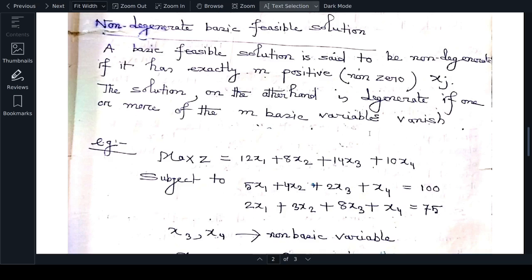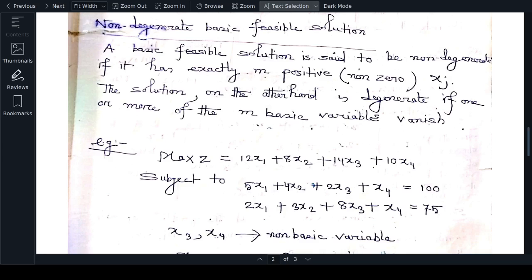So you compare these three definitions. One is the basic feasible solution. Next one is the non-degenerate basic feasible solution. Next one is the degenerate basic feasible solution. Okay. If the solution has zero, then it will be a degenerate basic solution, right?